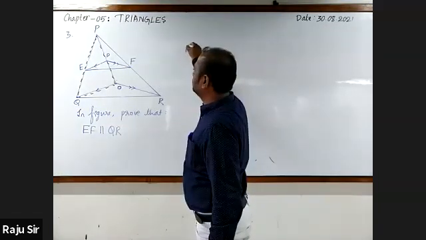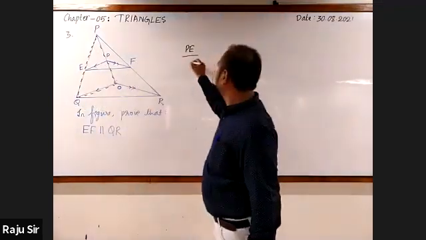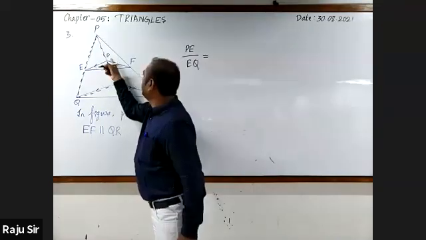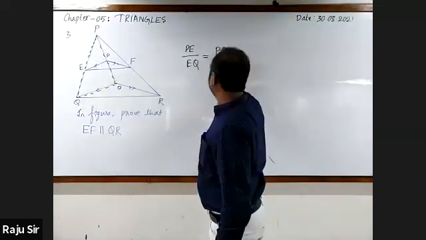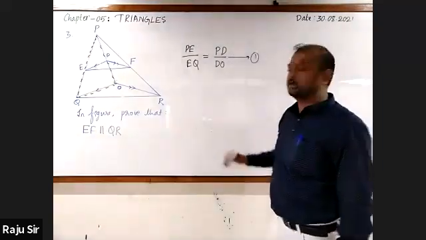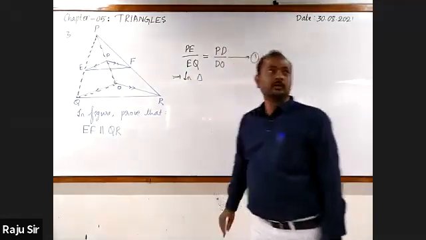You can write it is PE by EQ is equal to PD by DO. You will call it statement 1. Then put the imply symbol. Right.